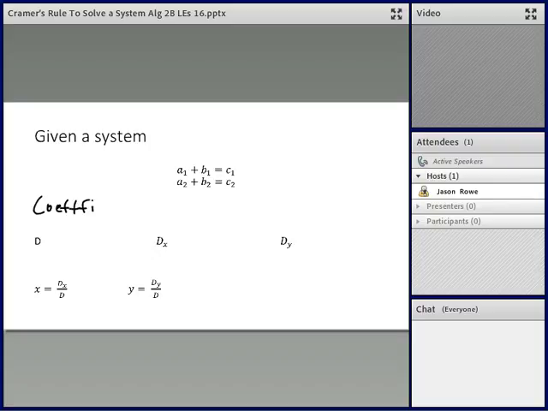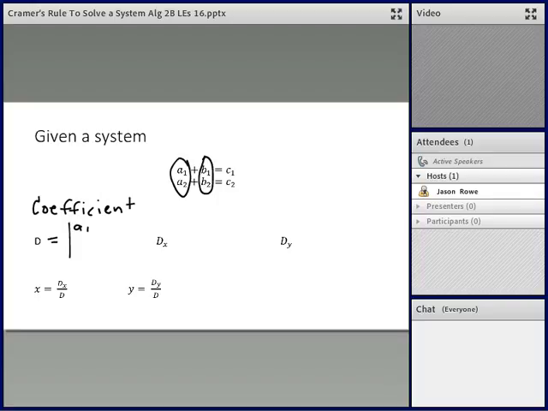If I can spell it right. Coefficient. I'm trying to save a little space too. So the coefficient matrix. To get the coefficient matrix, we're just going to take the A's and the B's.